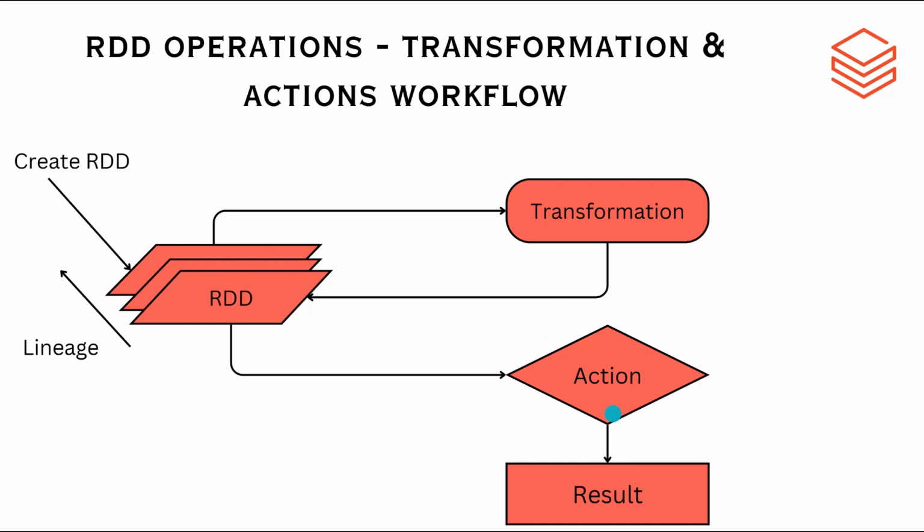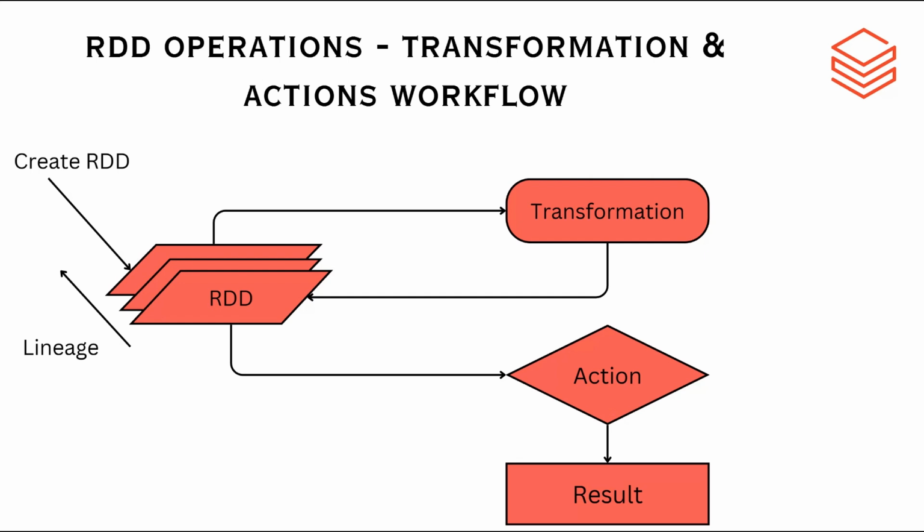If we talk about actions, actions trigger the actual execution of the transformations. They perform the computations on the RDD and return the result or store it to external storage. Examples of actions could be count, collect, reduce, first, save, and so on. When an action is called, Spark submits the job for execution, which involves materializing the data, that is, performing all the operations and writing the final output.